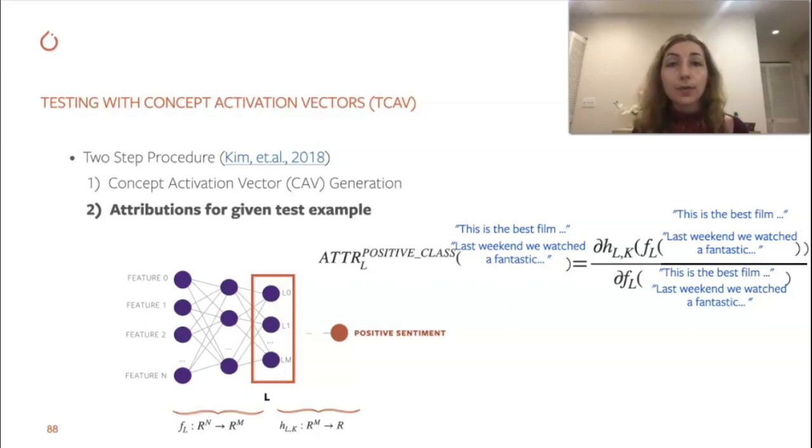For those reasons, we would like to understand the sensitivity, the gradients of the output positive sentiment prediction with respect to the outputs of our layer L, that is the neurons in layer L. In other words, we would like to compute the attribution of a specific prediction with respect to the neurons in layer L. This is exactly what we do in step 2. We denote the attributions of the output positive sentiment score with respect to the outputs of layer L as ATTR subscript L, superscript positive sentiment class.